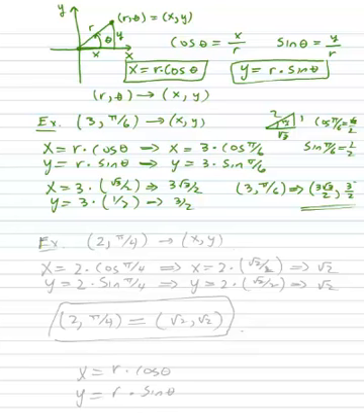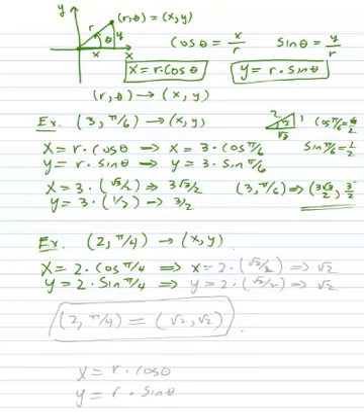Let's look at another example. The question says convert the polar point 2 comma pi over 4 into rectangular coordinates. Well, we have x is 2 times the cosine of pi over 4, and y is 2 times the sine of pi over 4. Now recall that the sine of 45 degrees and the cosine of 45 degrees are both the square root of 2 over 2.